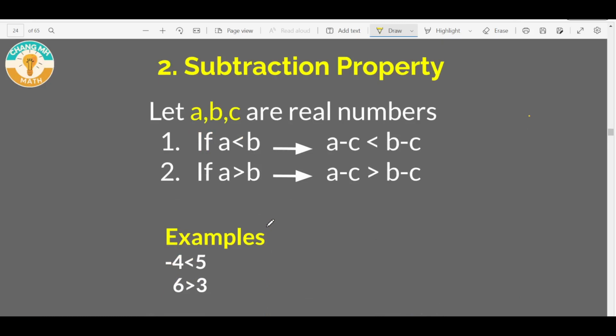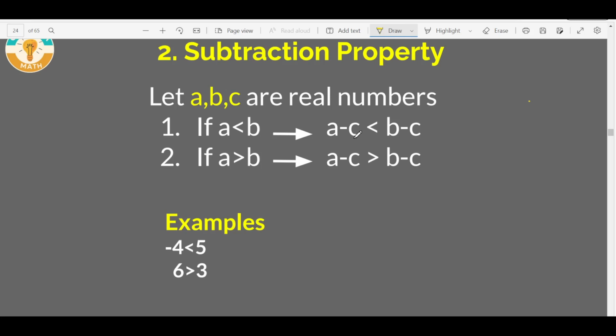So it's also the same. A, B, and C are real numbers. And when you subtract a number from both sides, the sign will remain the same. Less than will remain less than, greater than will remain greater than. So let's say I subtract a number, for example, let's say C is 3.